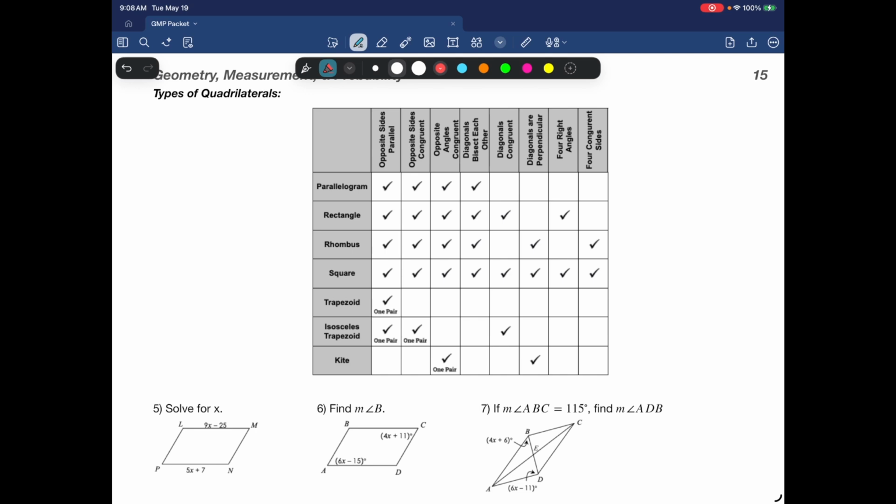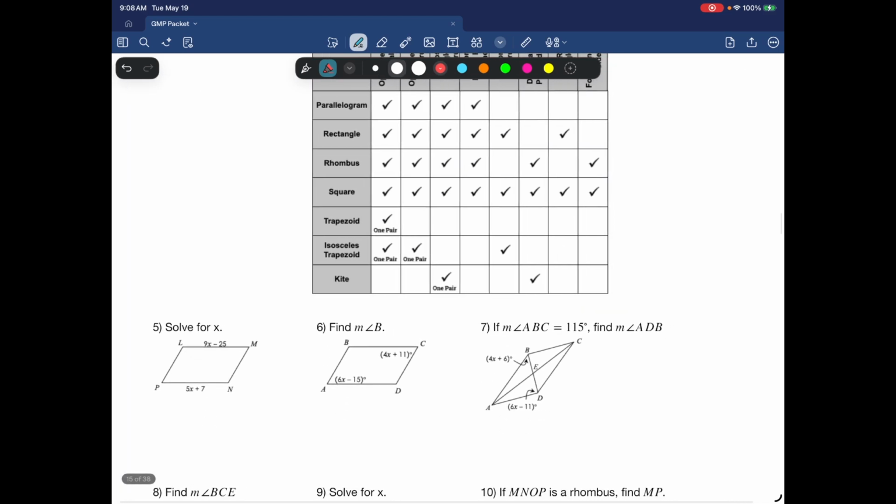But the properties you're dealing with: opposite sides are parallel, opposite sides congruent, opposite angles congruent, diagonals bisect each other, diagonals are congruent, diagonals are perpendicular, 4 right angles, 4 congruent sides. And so depending on whether you're talking about a parallelogram, rectangle, rhombus, square, trapezoid, kite, or whatever, you're dealing with a different set of properties. And this chart lays them all out. And so we'll refer to this a couple times as we work the following problems.